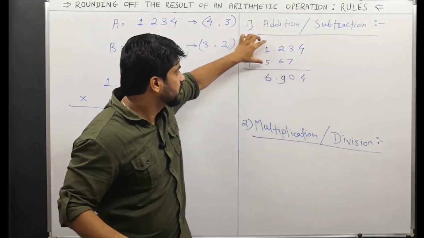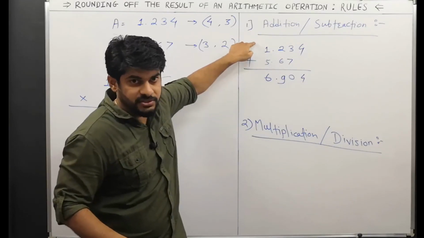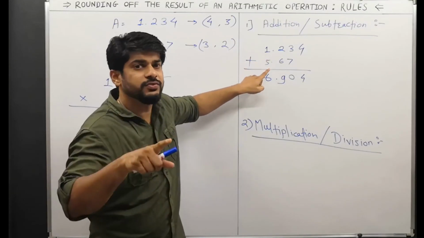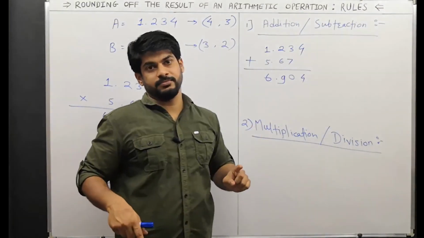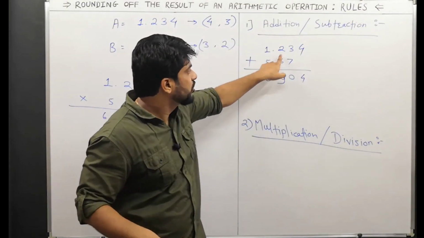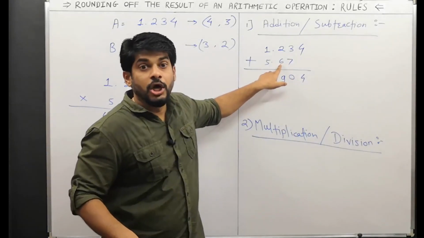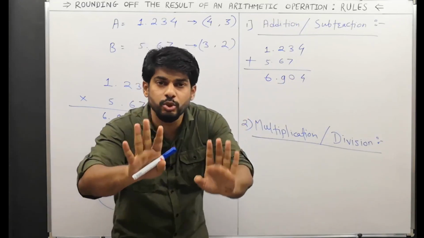Just check, these are the two numbers that you are adding. Out of these two numbers, check which one has the least number of decimal places. You can clearly see here we have 3, here we have 2. Which is least? This one, 2. So the answer must also retain only 2.